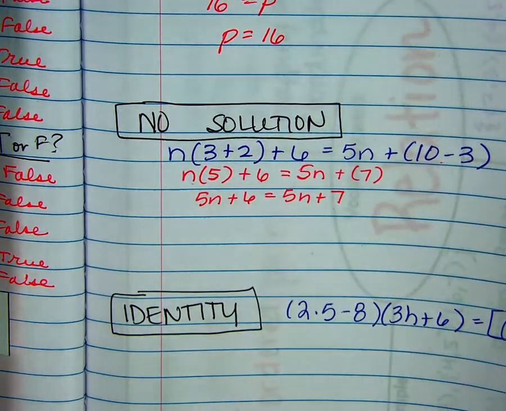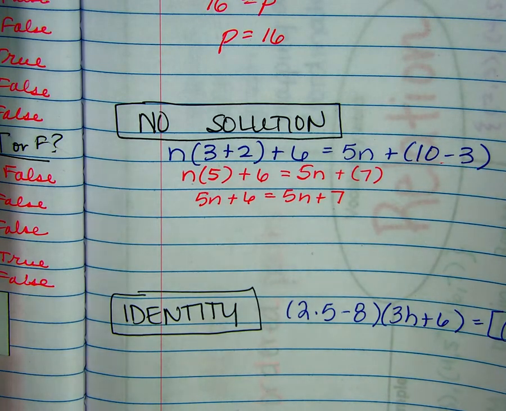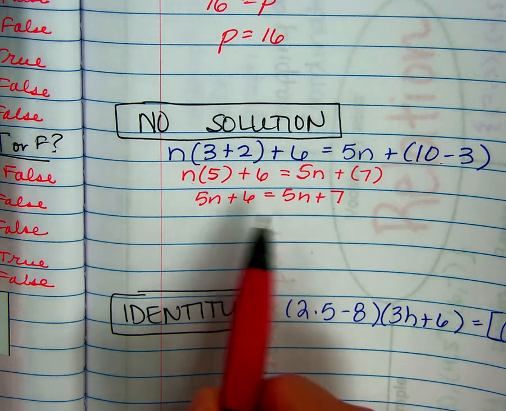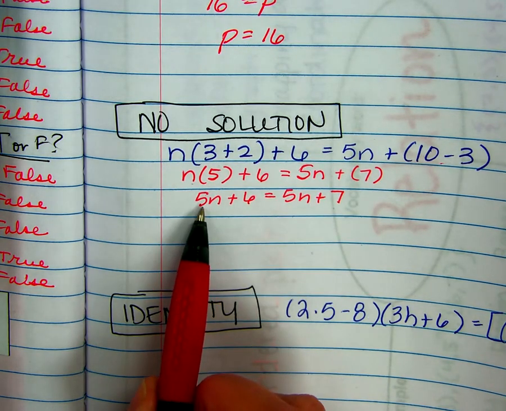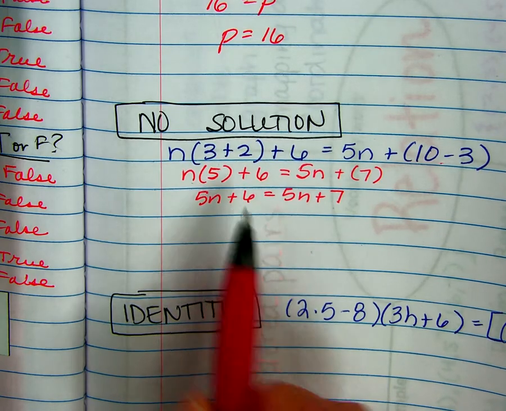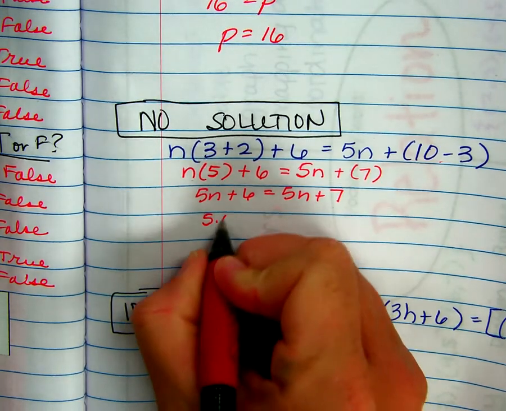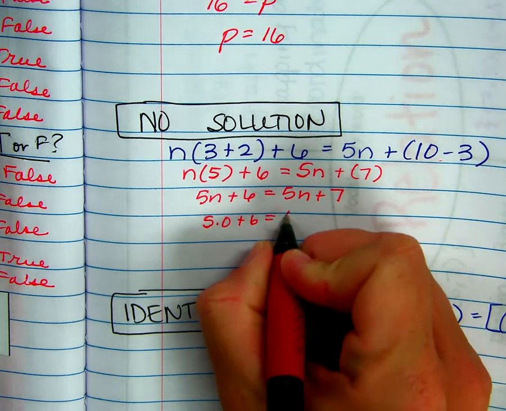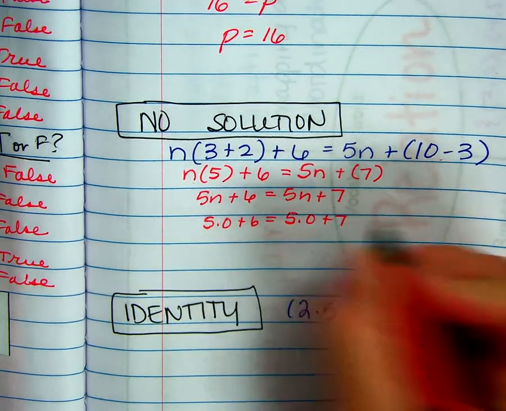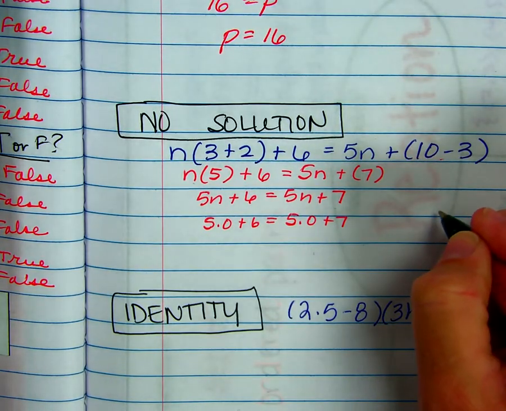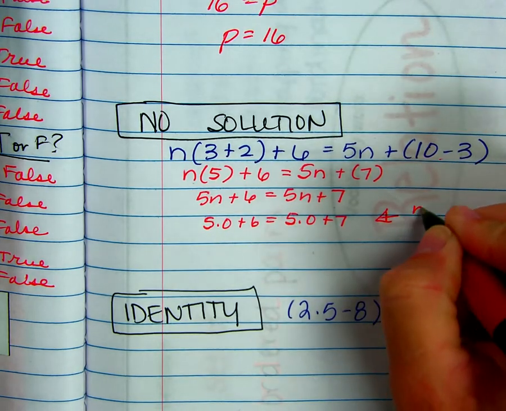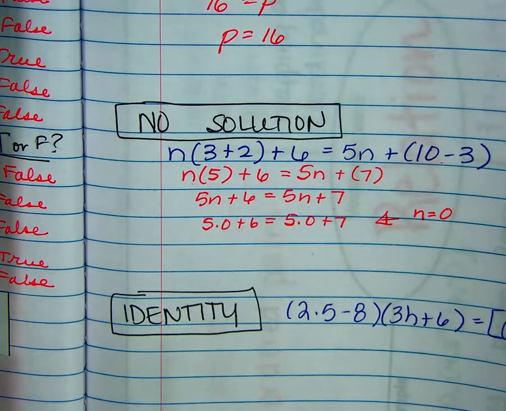Now if you look at this and try to plug in any number, like if I would plug in 0, for example, for n, I would have 5 times 0 plus 6 is equal to 5 times 0 plus 7. In this situation, I'm going to let n be equal to 0.